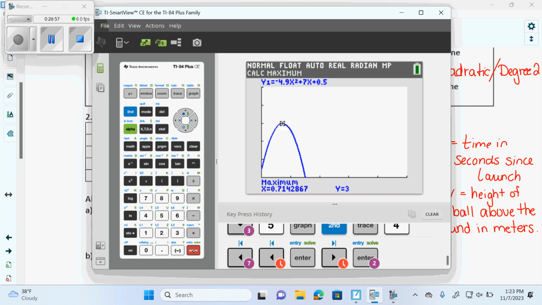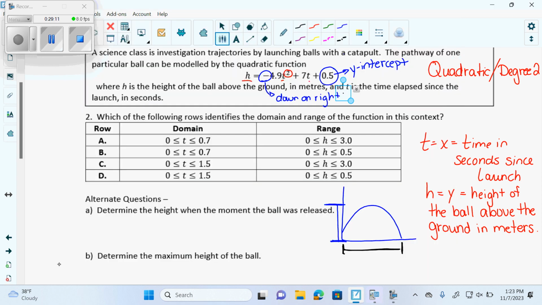Is the maximum 0.71 or 3? It's 3. Maximum height is 3. Height is y, correct? So this one maxes out at 3, and it starts at 0. So it's not this one or this one. It's going to be 0 to 3, correct? So we've narrowed it down to A or C.